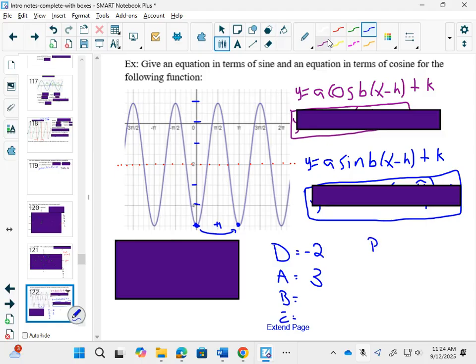You have a formula that says our period is 2 pi over our b value, but you can rearrange this formula, which means your b value is always 2 pi divided by your period. And if our period is pi, 2 pi divided by pi tells us our b value has to be 2.